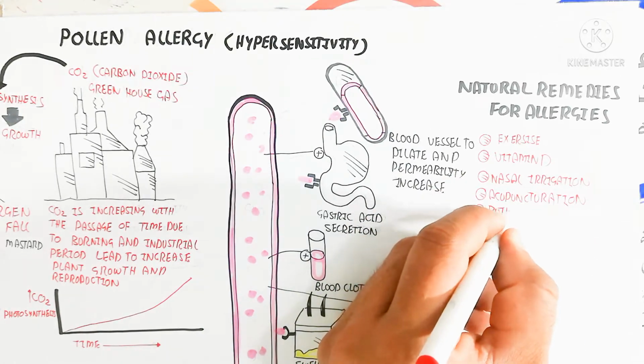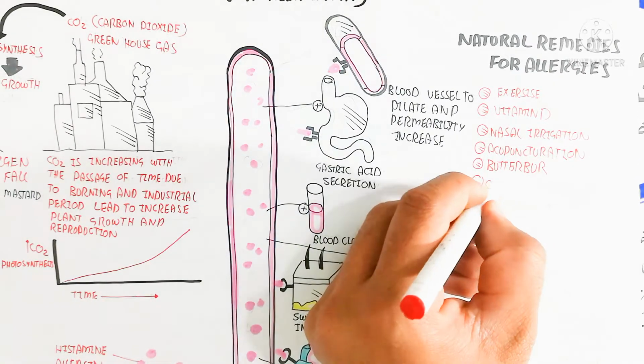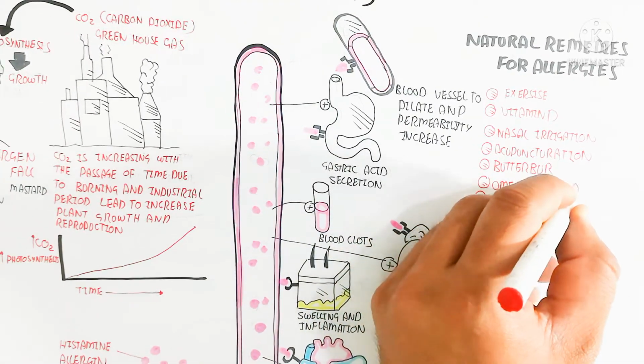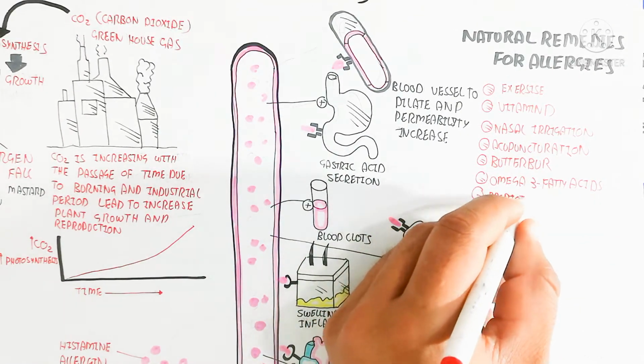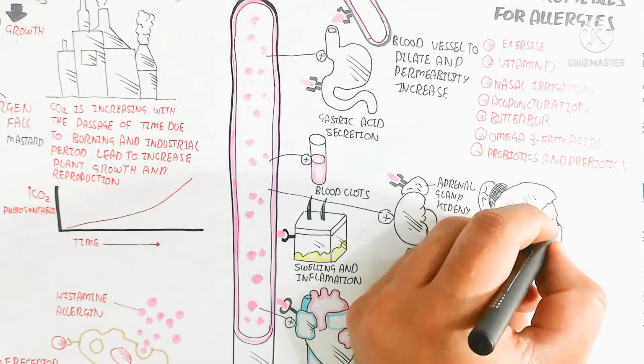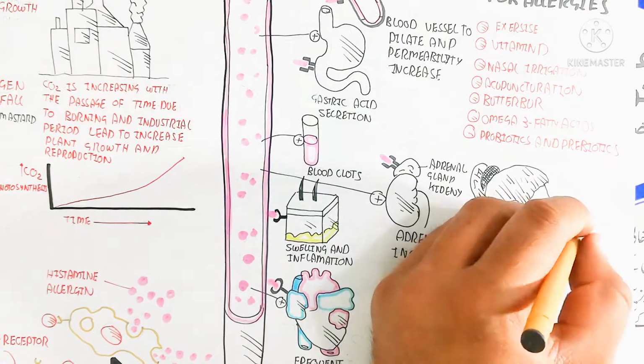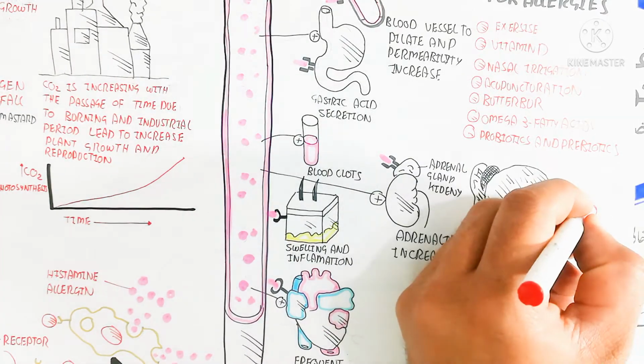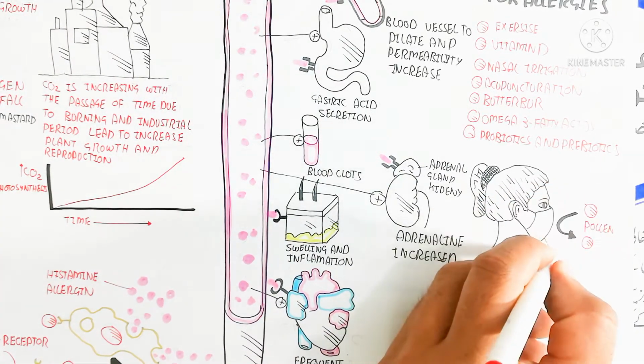Nasal irrigation is very important. Acupuncture, butterbur, and omega-3 fatty acids are also used. On the other hand, probiotics and prebiotics are very important, crucial for the prevention of pollen allergy.